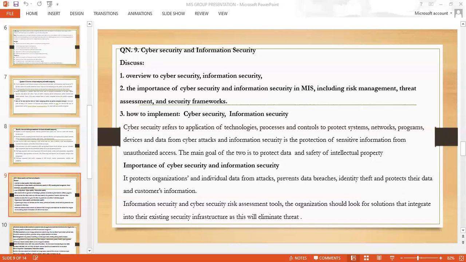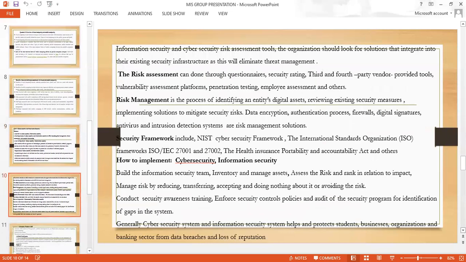Part 3, I would look at the tools of risk assessment. One tool, I would use a questionnaire to find out about the security posture of an entity, then security rating, how is the entity's security, and the third and fourth party vendors, these are people who give us information.